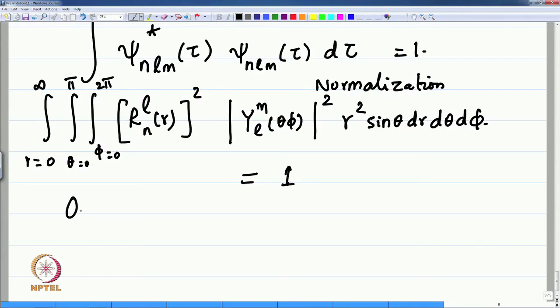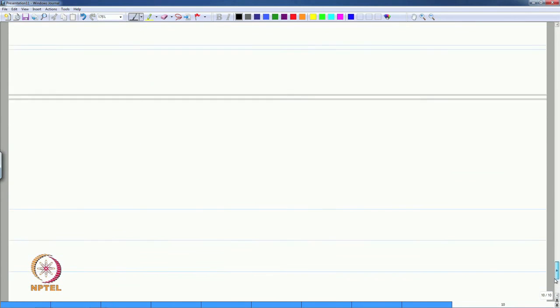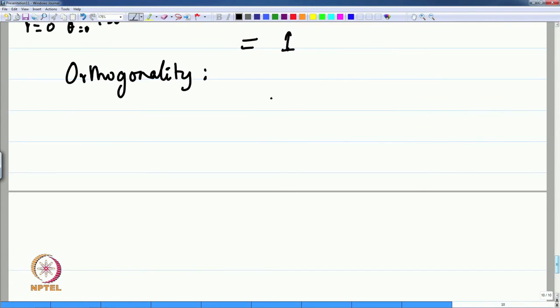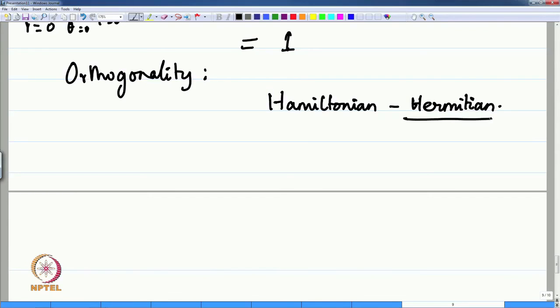And the orthogonality of these wave functions follows from their being solutions of a Hamiltonian, which is a Hermitian Hamiltonian. I have again introduced a new term, the Hamiltonian as a Hermitian operator, which has real eigenvalues, all the eigenvalues are real.